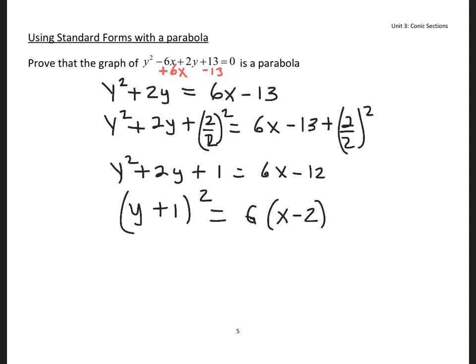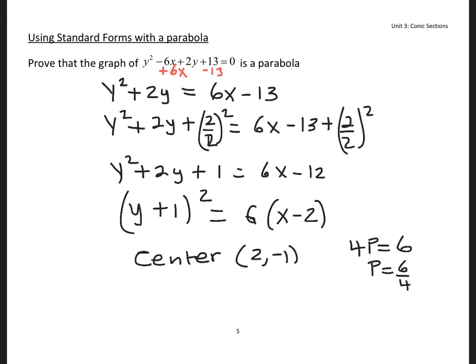Now it looks like an equation of a parabola. And I can see the focus, the center. The center is 2, -1. And what is the focus? 4p is equals to 6. So p is equals to 6 over 4, which is same as 3 over 2.